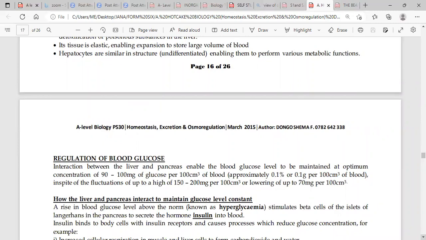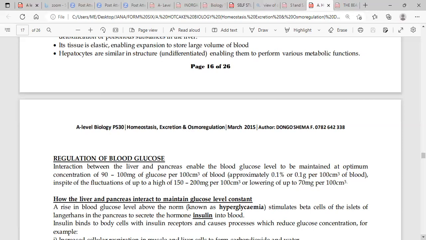So we take our first stake about the homeostatic roles of the liver, and we are going to discuss regulation of blood glucose. Now, glucose has very many significant roles, and the most significant role it performs in the body is that it is metabolized to provide energy in the body.